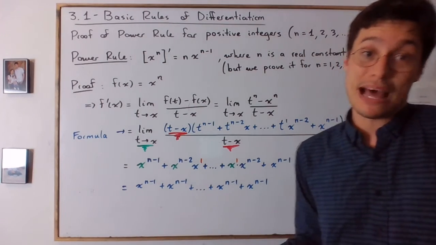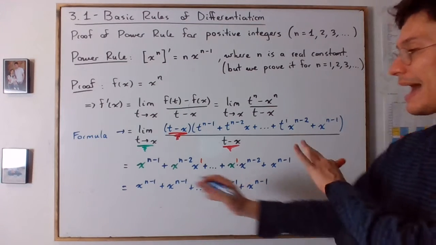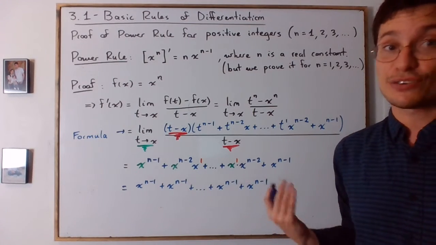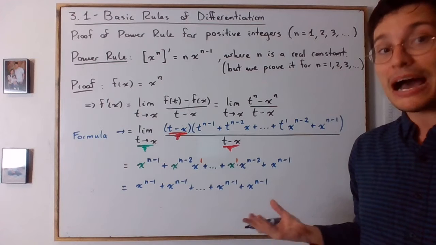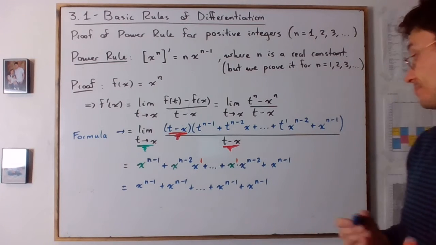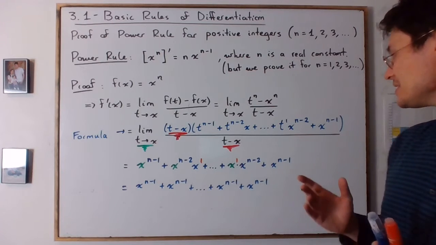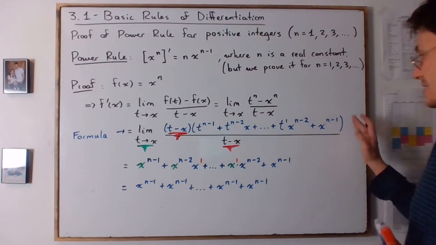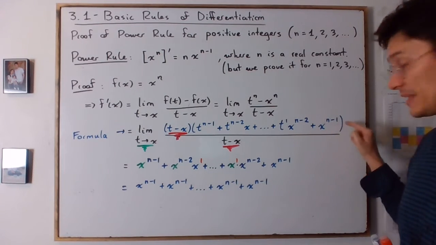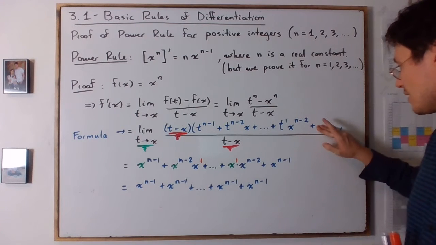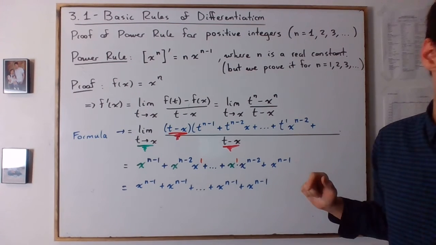Now, the last argument is, okay, fair, we have a sum of x to the power of n minus 1. But how many terms do we have? To count the number of terms, I'm going to erase this and make t to the power of 0 pop out in front of it.